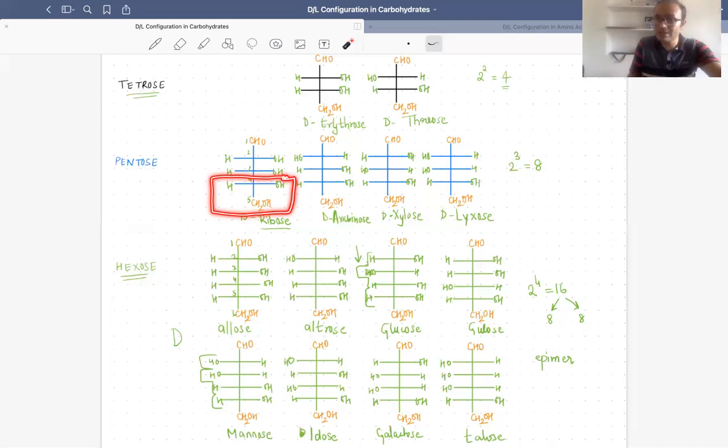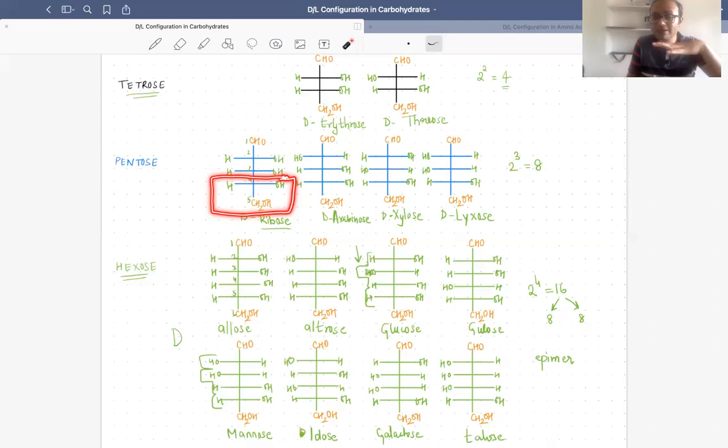Some books talk of the highest numbered chiral center. The chiral center that I have just now boxed is the highest numbered, that is 4, in the pentose sugar that I have drawn. So that is going to decide the D and L configuration of the sugar molecules.